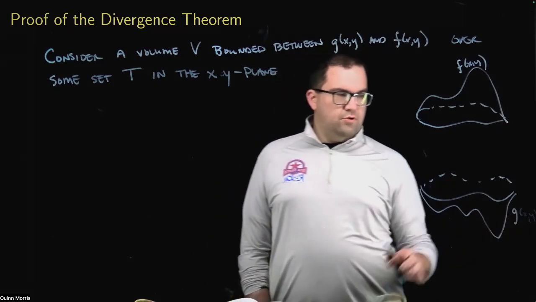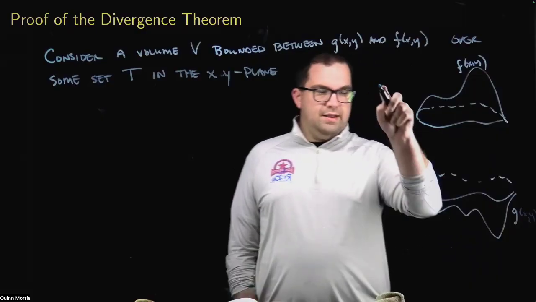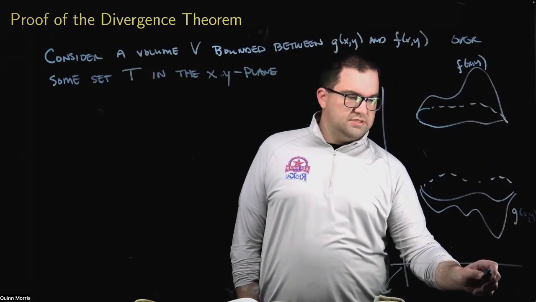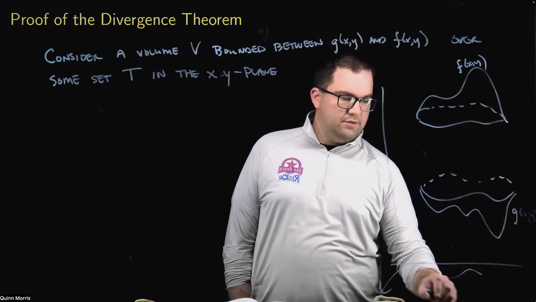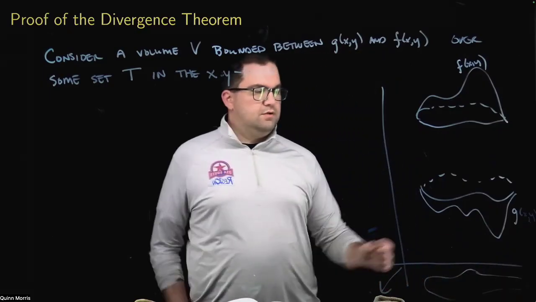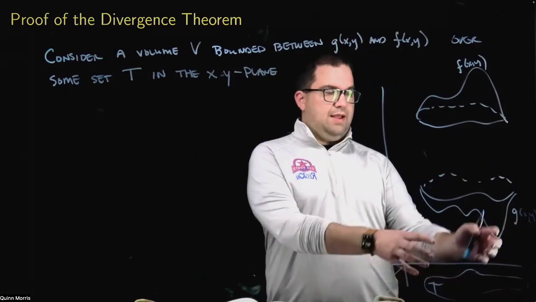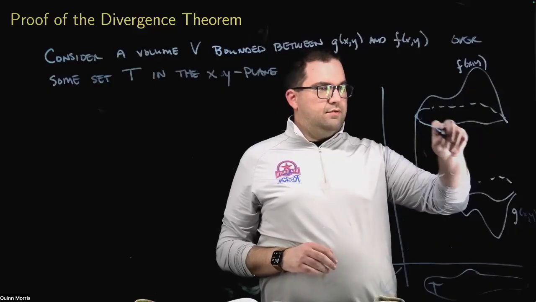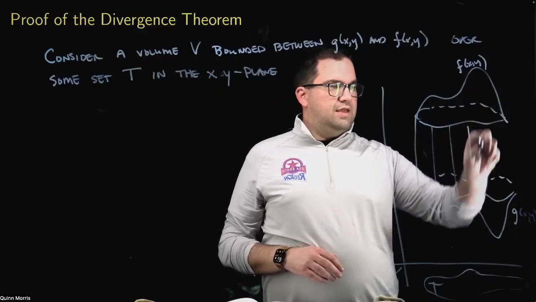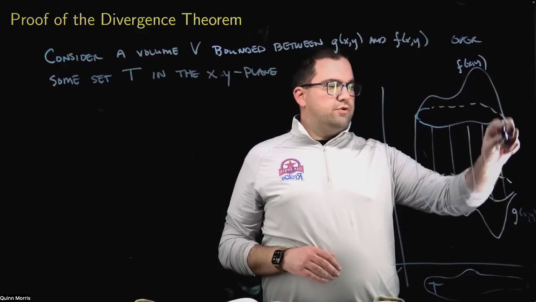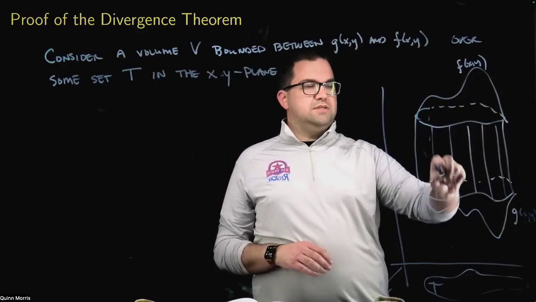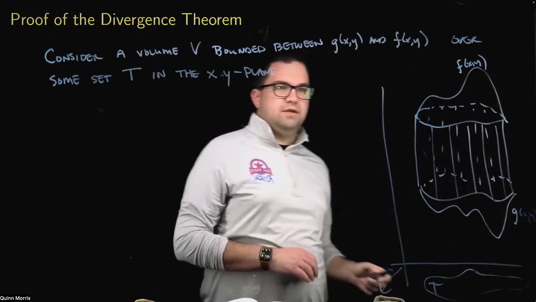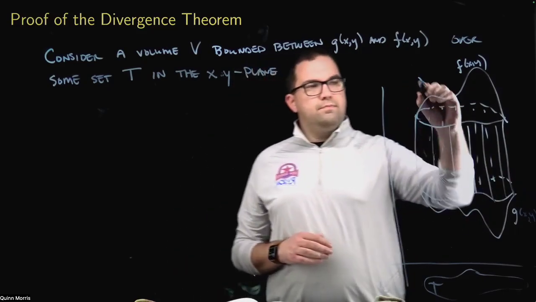And these are both surfaces that are defined over some set T that's laying down here in the plane. Right? So I have this set T laying down here in the plane, and I have these two surfaces above it, and I'm really looking at the volume directly trapped between these two surfaces, right? So again, I'm looking at this whole volume.